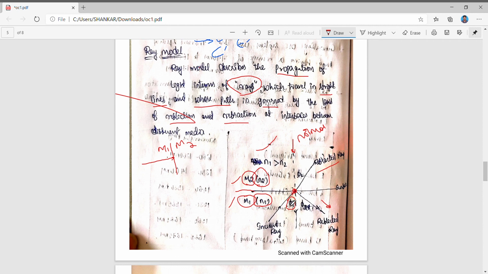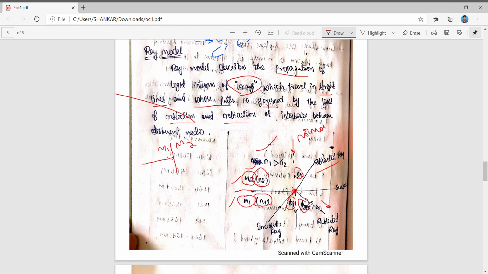The incident light signal will be reflected and refracted also. Whatever light signal we transmit, that light signal is reflected and refracted. See, the refracted signal has an angle of pi 2 in the medium m2, and the reflected signal goes into the same medium, m1.